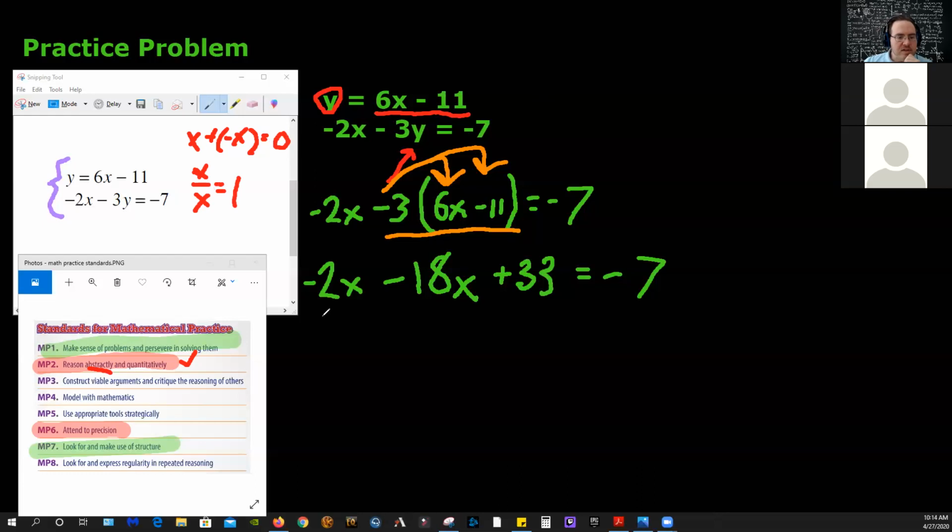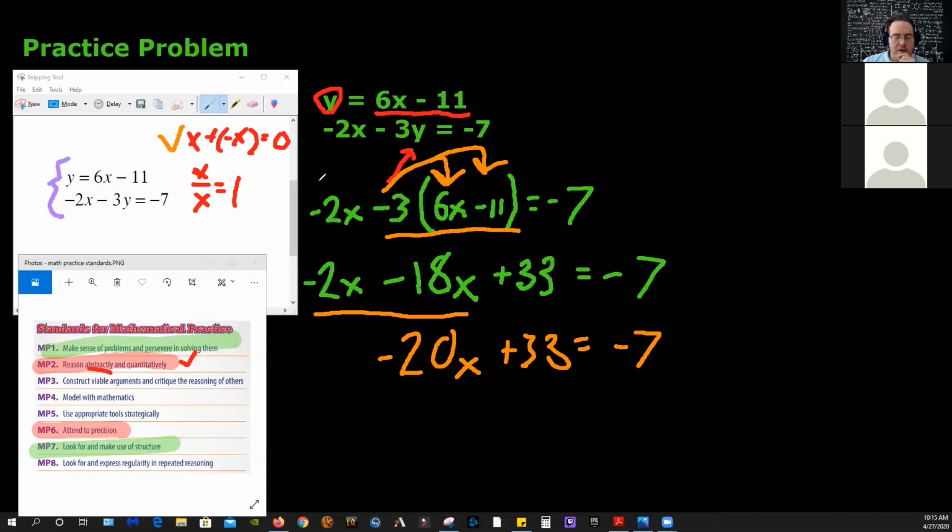The first thing I noticed is that I can combine like terms, because negative 2x and negative 18x both have an x on them. If you were at negative 2 and you subtracted 18, you'd be at negative 20, so that'd be negative 20x. I still have plus 33 equals negative 7. The next thing I'm going to do, and this is my inverse operation, is abuse this rule right here.